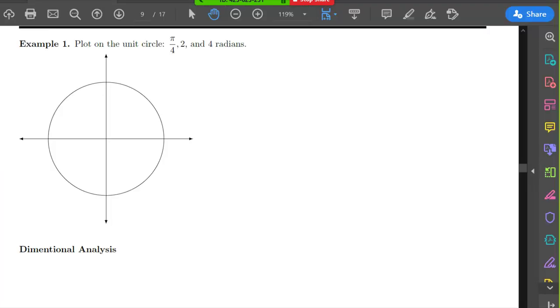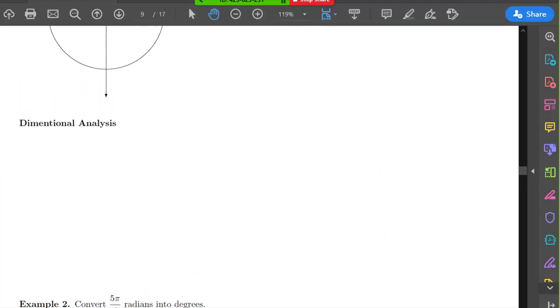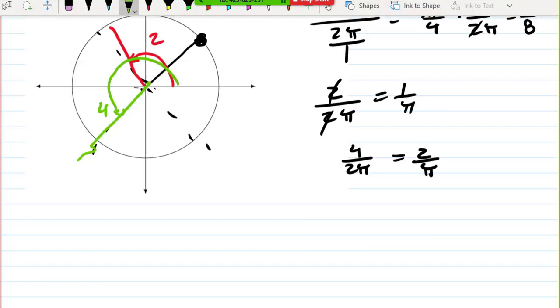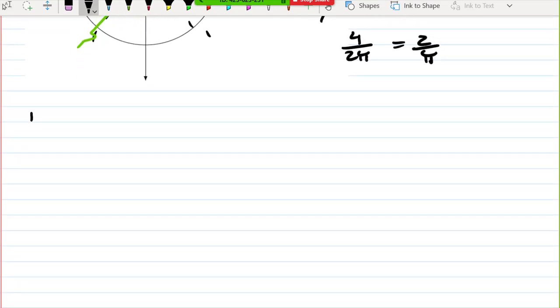All right, so the next thing we want to talk about is dimensional analysis. So dimensional analysis is a very, very powerful tool.